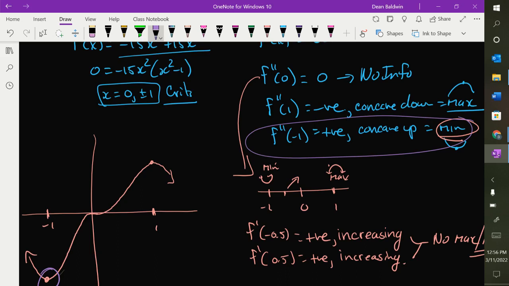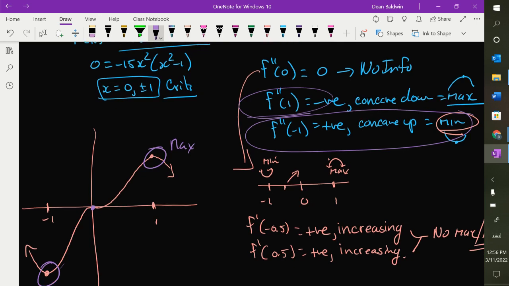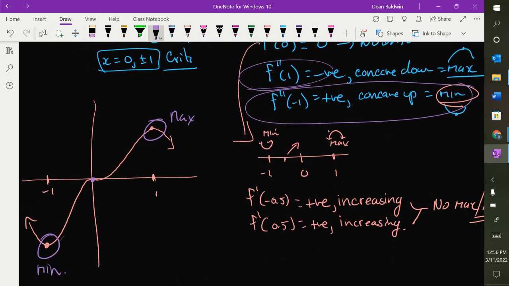Concave up. Here's your maximum, which is this one right here. And then at 0, it's increasing on both sides. It's still a critical number because it flattens out. This is called a saddle point. So that's just the saddle point.